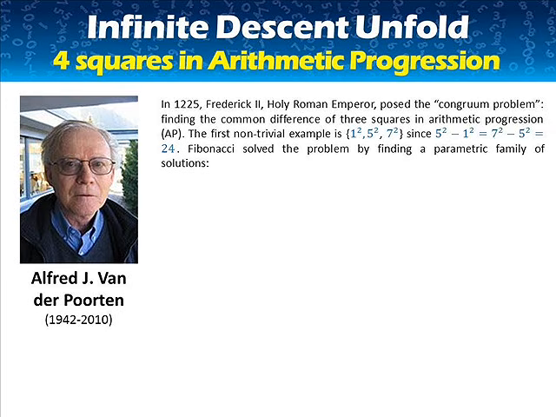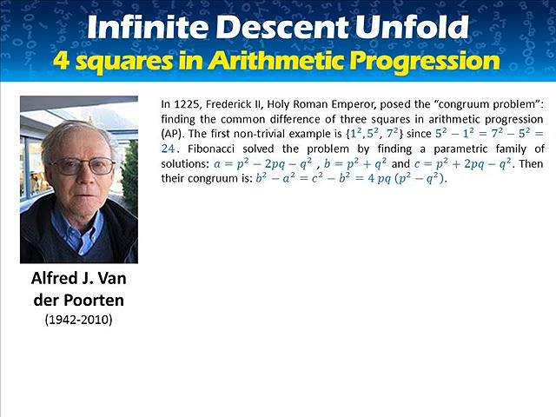Fibonacci solved the problem by finding a parametric family of solutions. a equals p squared minus 2pq minus q squared, b equals p squared plus q squared, and c equals p squared plus 2pq minus q squared. Then the congruent is 4pq times p squared minus q squared.